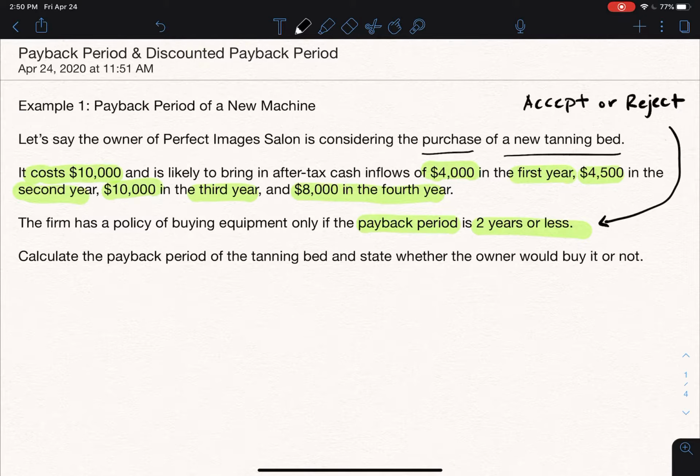So basically, if we can pay off this investment in 2 years or less, then we will accept the project and move forward. If we cannot, if it's greater than 2 years, then we will reject the decision, right? And we'll say, nope, not profitable, too much of a risk, so we're going to move on from this.